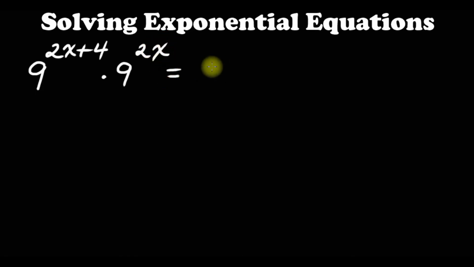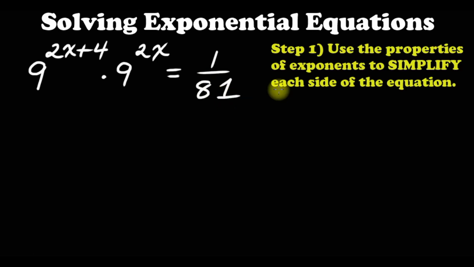So here I have 9 to the 2x plus 4 times 9 to the 2x is 1 over 81. Step 1 is to use the properties of exponents to simplify each side of the equation.